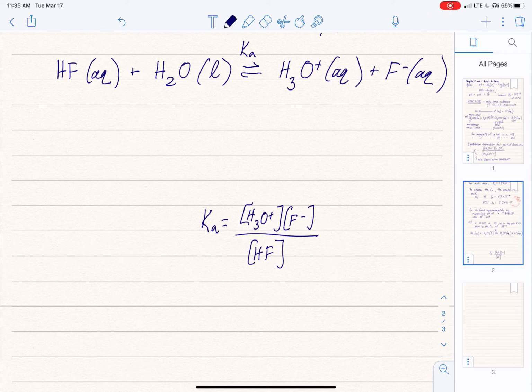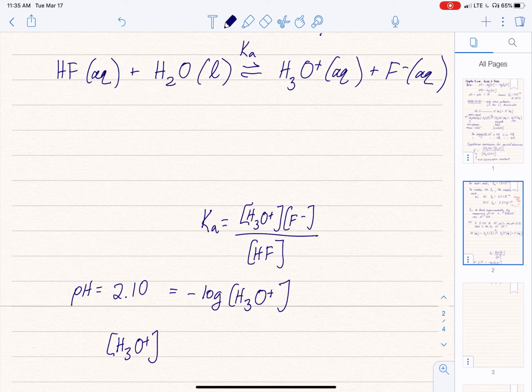Now, the only thing I know about this reaction is what it told me, which is that the pH is 2.10. The pH, as I said at the beginning, is simply the negative log of the hydronium concentration. So if I rearrange this equation, I can figure out what the hydronium concentration is by taking 10 to the power of the negative pH. We did that last week.